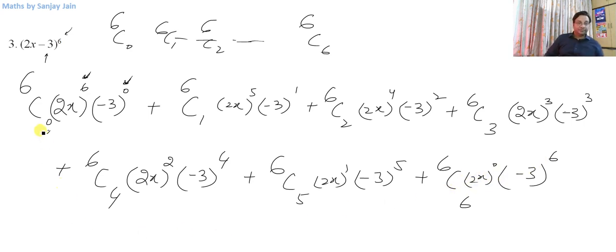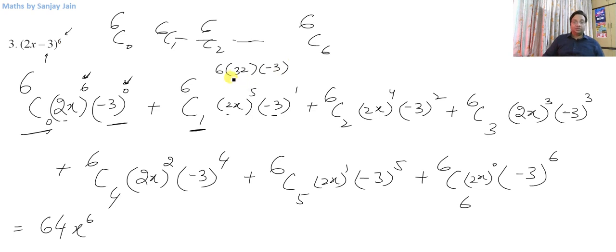1. Let us calculate. This is 1, this is 1, 2x raised to power 6. So 2 raised to power 6 is 64, x raised to power 6. This is 6, this is 3, minus 3, right? So minus 18, 6 into 2 raised to power 5, 6 into 32 into minus 3.